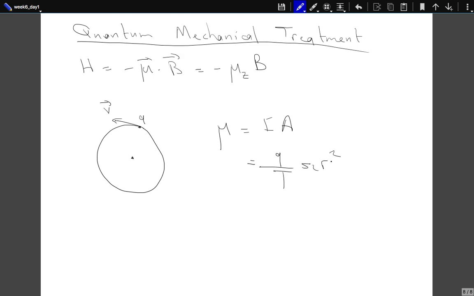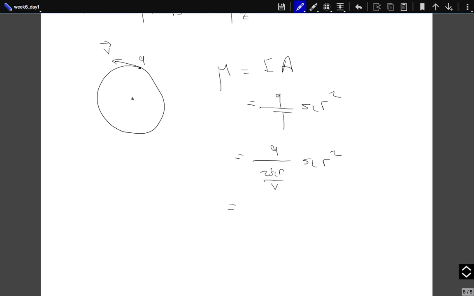Area is just pi r squared, so this is q over 2 pi r over the speed v, times pi r squared.